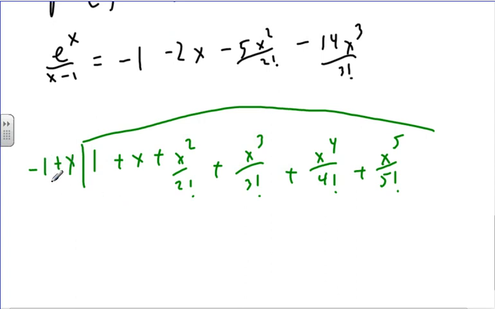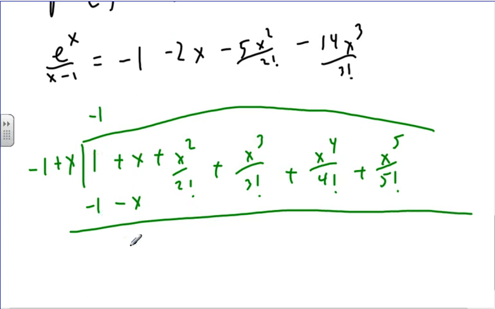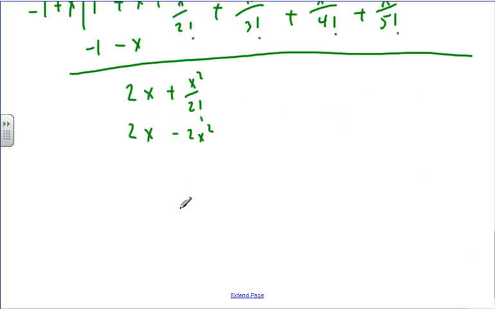So minus 1 goes into 1 minus 1 times, and I get a minus 1 minus x. I subtract, I get 0. I subtract, I get 2x plus x squared over 2 factorial plus the other guy. That goes in there minus 2x times. So I got 2x minus 2x squared. That subtracts, I get 0.